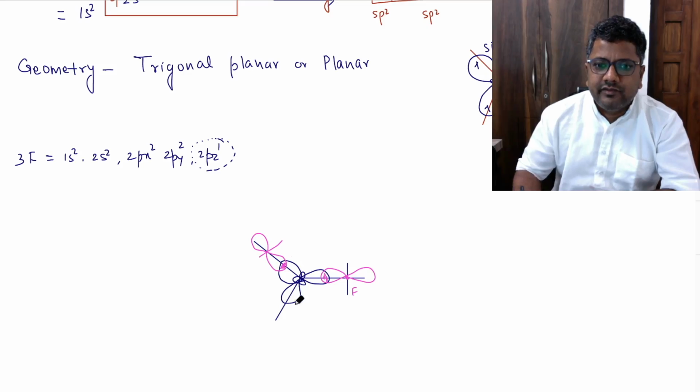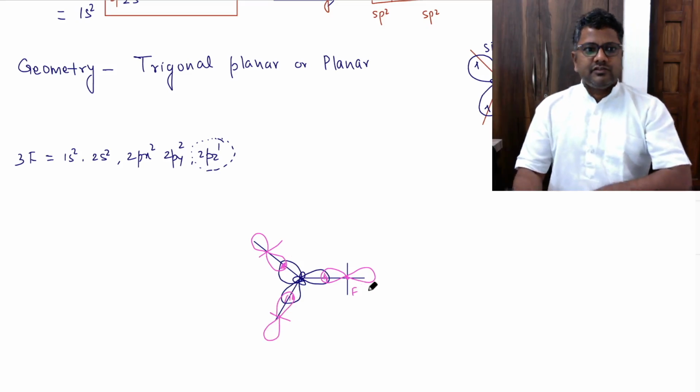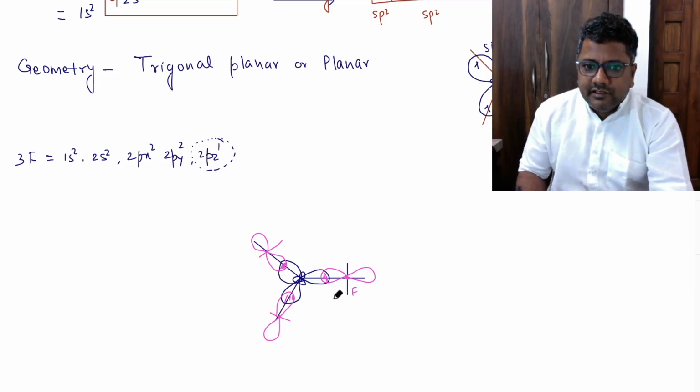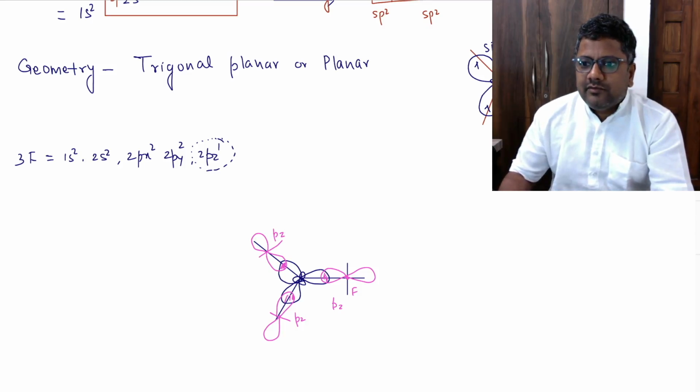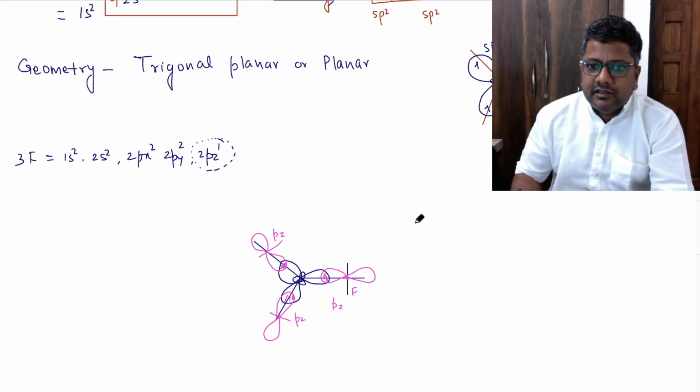Here this will overlap, and here this will overlap. So which type of overlapping is this? This is pz, and this is also pz, this is also pz. So the type of overlapping here is three sp2 and pz overlapping.